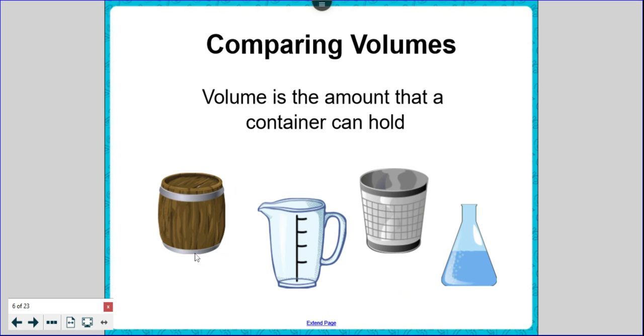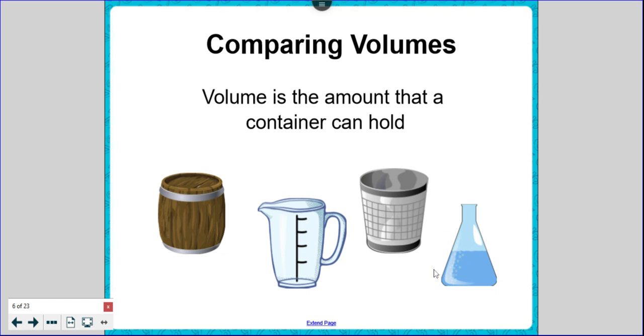This is a barrel. What could you put into a barrel? Also maybe water or some other kind of liquid. You could put many different things into a barrel. So I want you to look and think about how much water do you think this pitcher could hold?